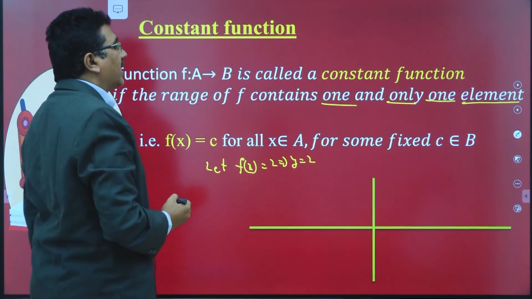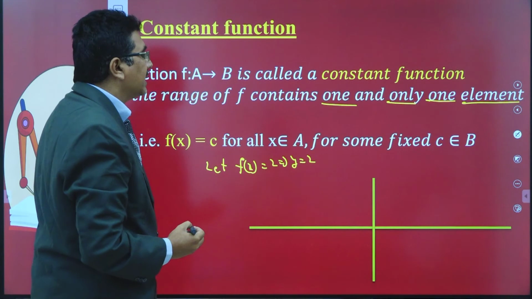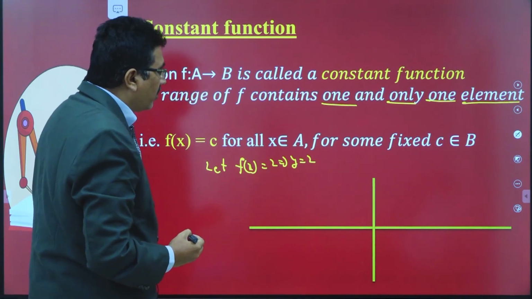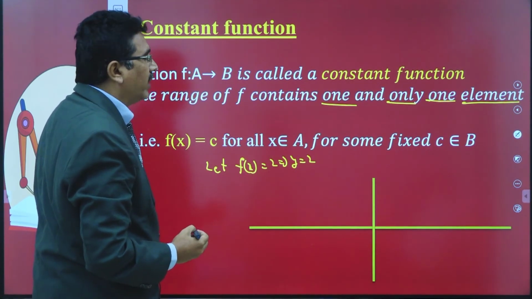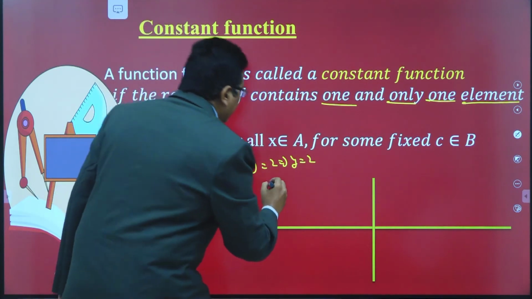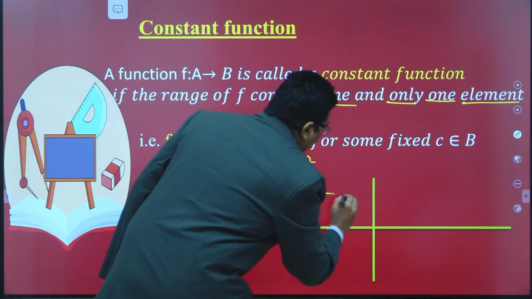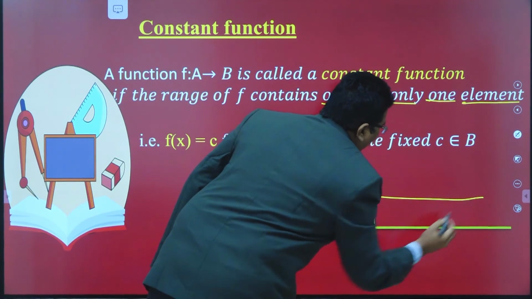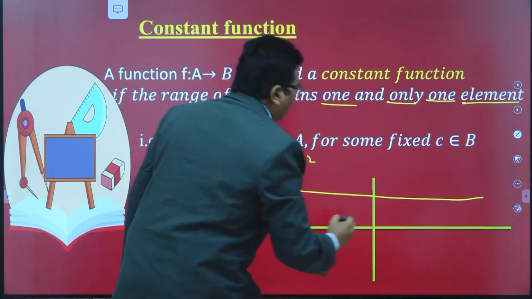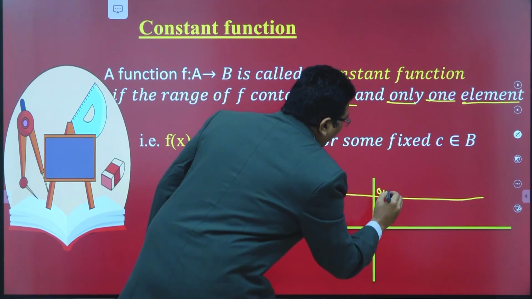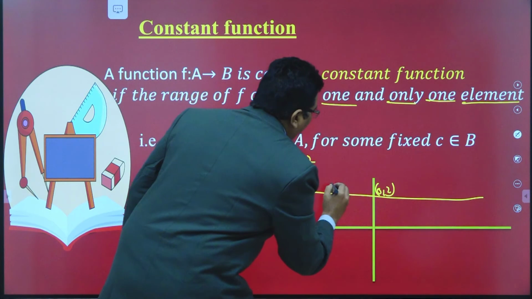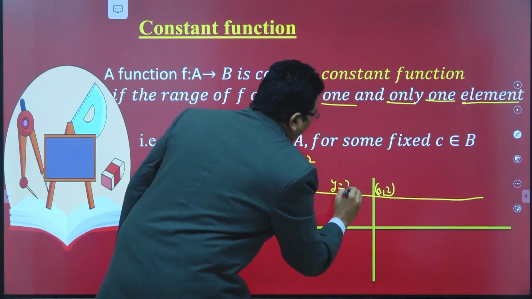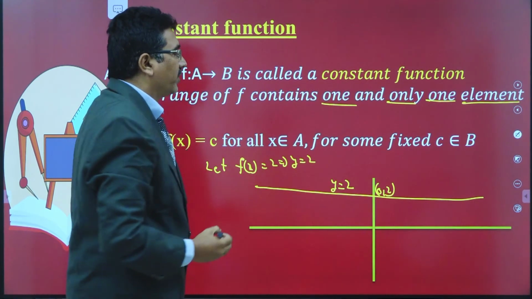The graph of a constant function is a straight line, moreover parallel to the x-axis. This is the graph of a constant function. This is the point 0 comma 2. This is the straight line y is equal to 2.